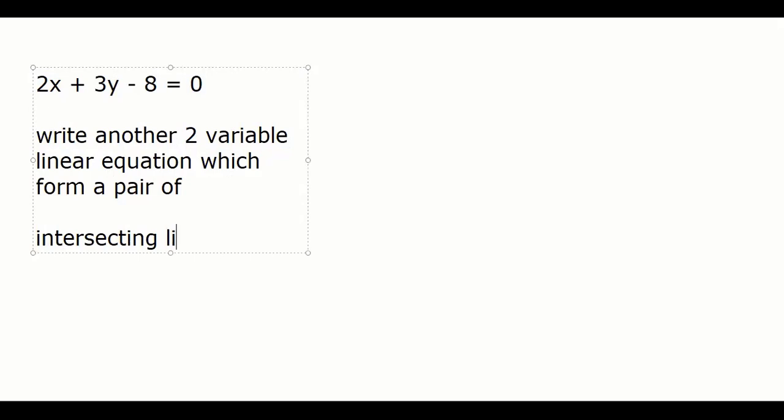Let's see how many can write. So I want another equation which will form a pair with this to form intersecting lines. Tell me. Skan is very fast. Skan understood how to do it. Line should be intersecting. Intersecting होगा तो A1 by A2, B1 by B2, C1 by C2, you know what it should be, right? C1 by C2 does not matter. A1 by A2 and B1 by B2 matters.